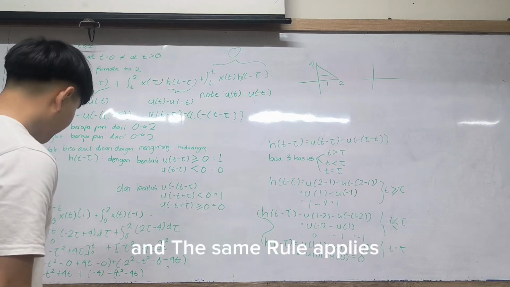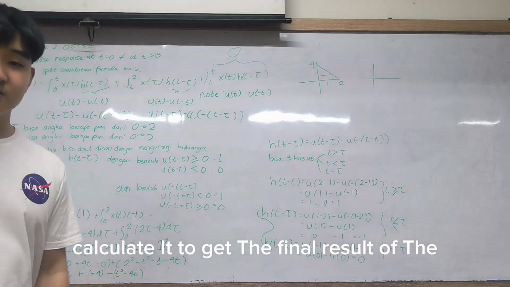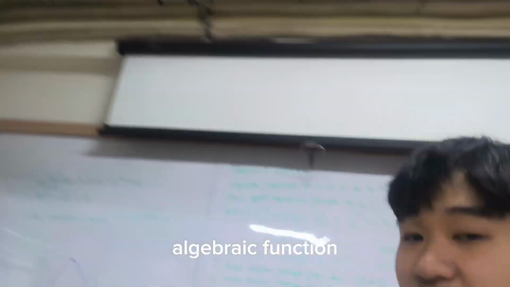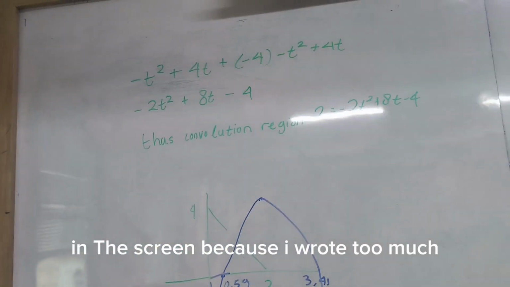And the same rule applies, and we just calculate it to get the final result of the algebraic function, which is this. I cannot show it on the screen because I wrote too much.